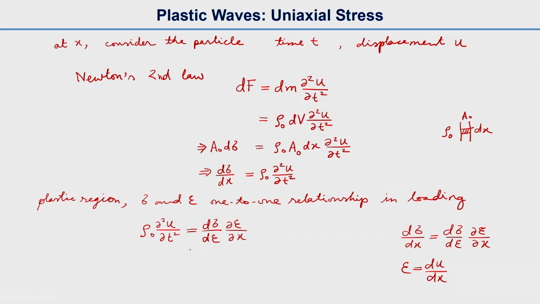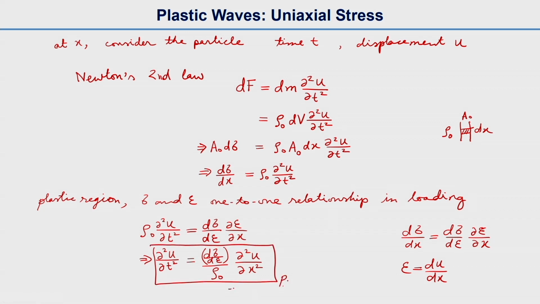So from that, with d sigma by d epsilon divided by rho naught, the left hand side will be something like this, and this will end up with an equation like this. So, this is the plastic wave equation.